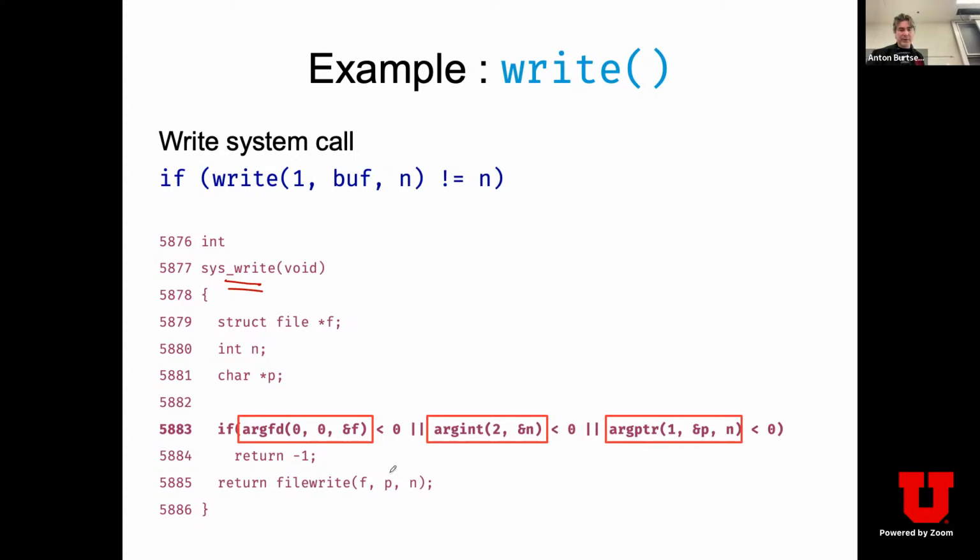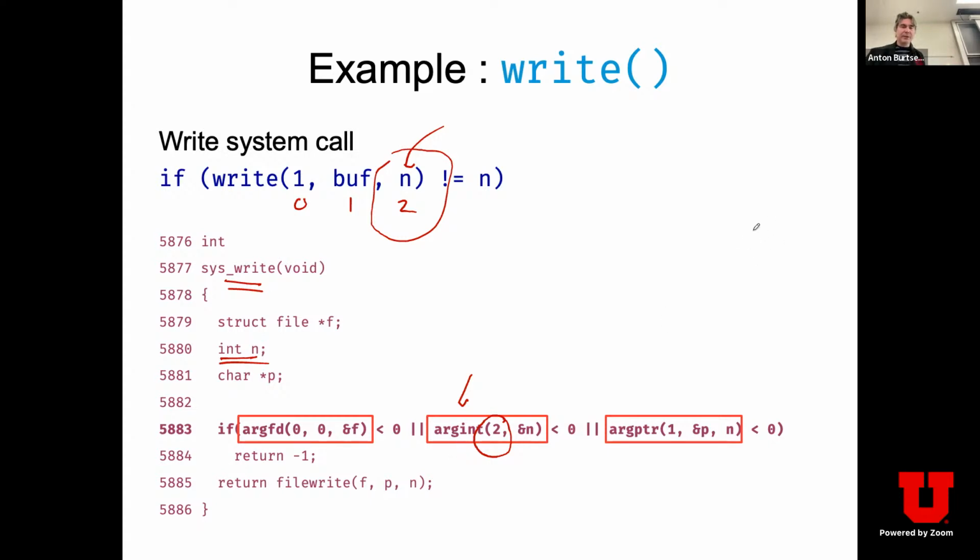So let's take a look at the very first one. argint is probably the easiest, right? It says, okay, please fetch the second argument to this system call, right? What is it? File descriptor. Second starts from 0, 0, 1, and 2. So it's the third argument, but number 2. So they try to fetch this user n into the kernel variable n, which is a local variable defined here, right? So they take a look at what the user passed us.